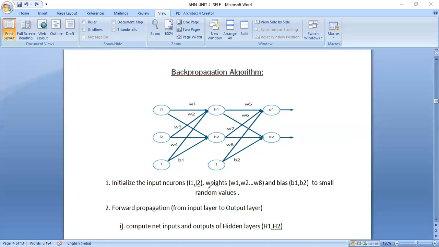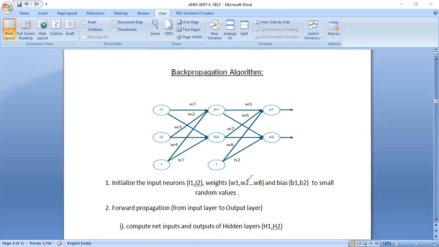Why are we using multi-layer perceptron? Multi-layer perceptron is used to solve different kinds of data classification problems in real time by using this backpropagation algorithm. Backpropagation algorithm is based on the error correction learning rule.